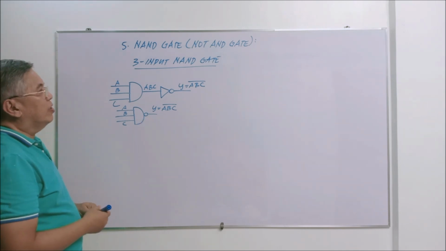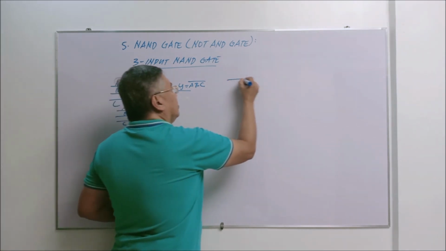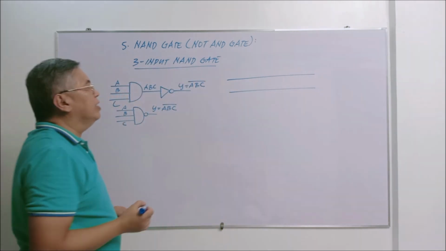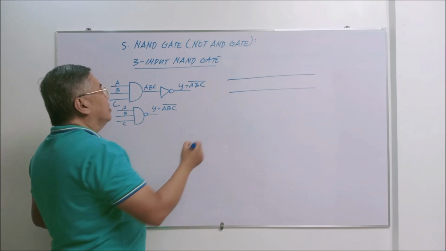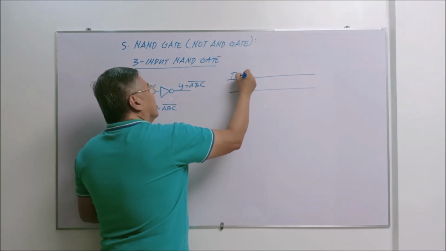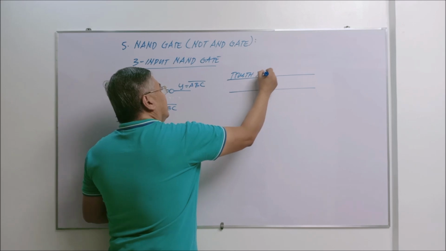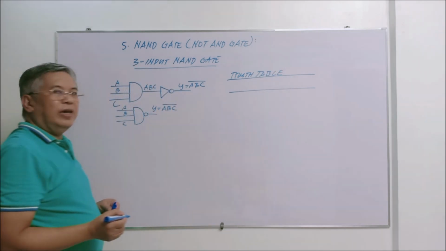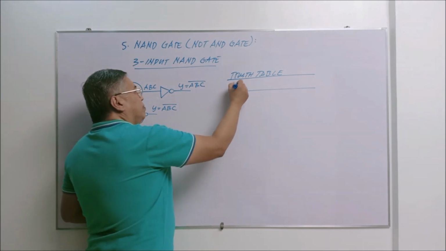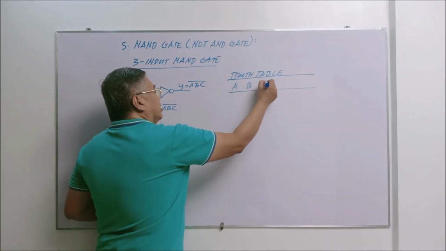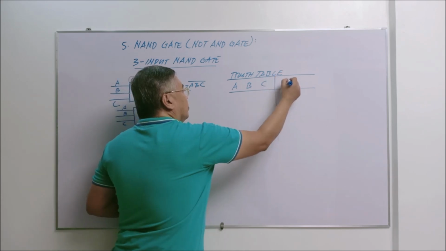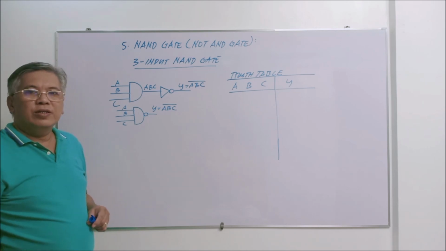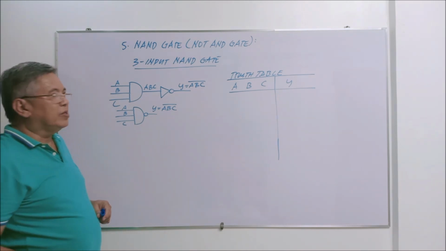For the truth table, again, this will define how our NAND gate operates. This is the truth table for the three-input NAND gate. You have inputs A, B, and C, and an output represented by Y. What are the combinational values of A, B, C?